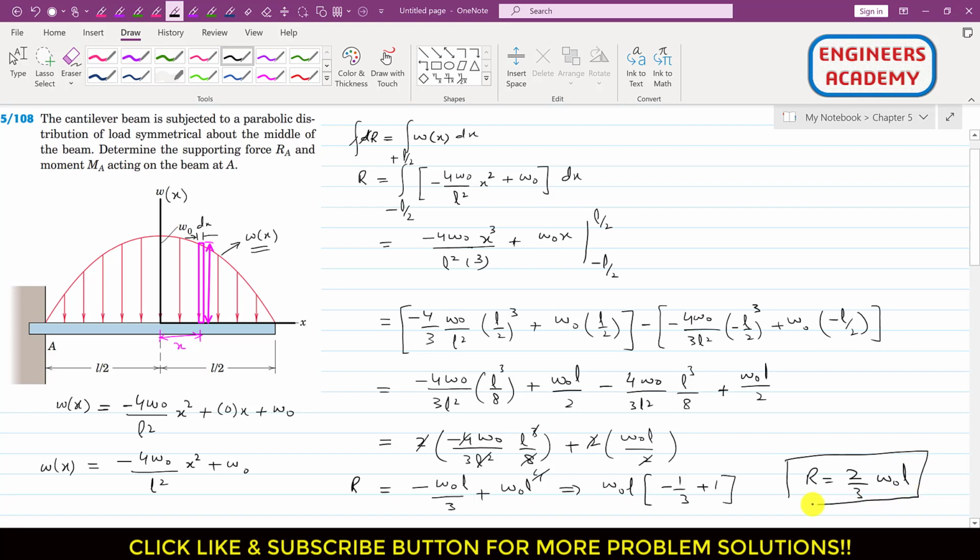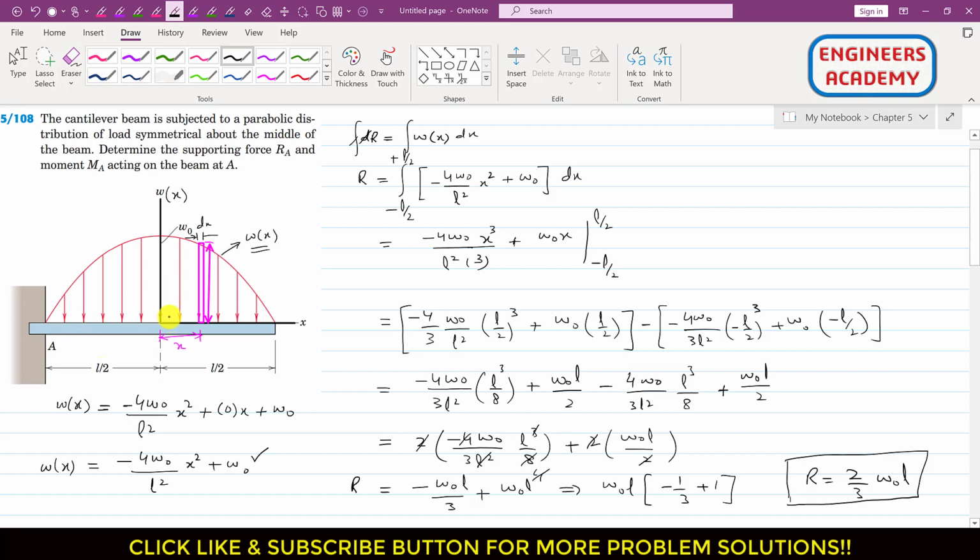So we can replace this distributed load, which is a parabolic function represented by this function, by this concentrated load 2 divided by 3 omega naught L. And as we can see, this distributed load is symmetrical about the mid length of this beam, right?